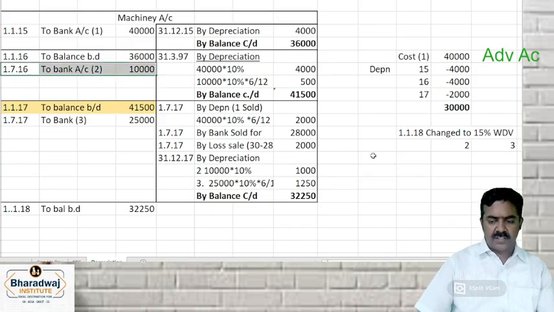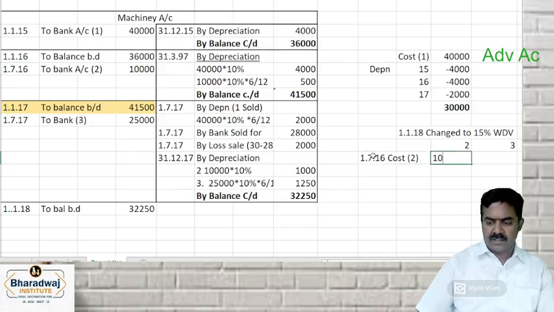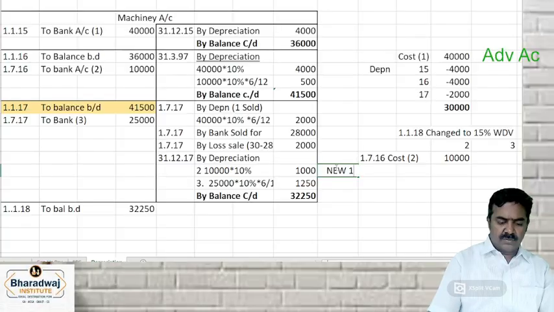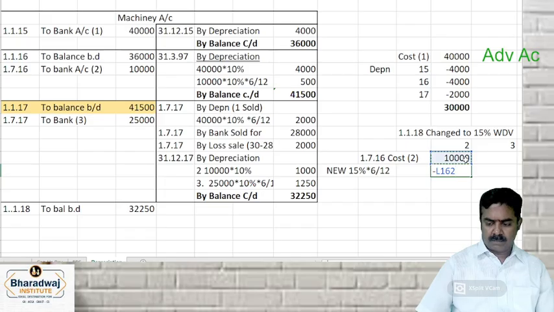We would have purchased it on 1st July 2016. What is the cost of the second machine you purchased? 10,000. Let us apply the new method, 15% for 6 months in the first year. Balance.